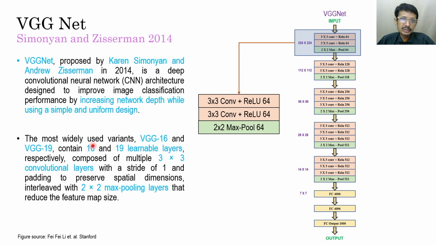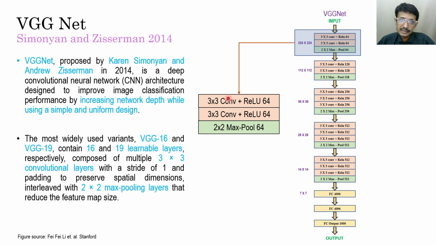Two major variants of this network are 16 and 19. Here we have shown the VGG 16. In a subsequent slide we show 19 also. VGG 16 contains 16 learnable layers and VGG 19 contains 19 learnable layers.